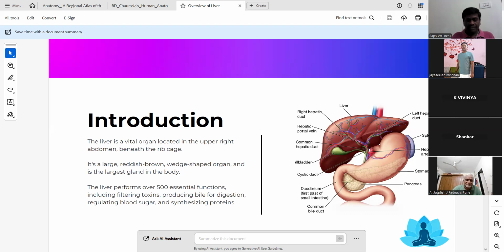Very complicated physiological activities are being controlled by the liver, starting from filtering the toxins, producing bile for digestion, regulating the blood sugar, and synthesizing proteins.